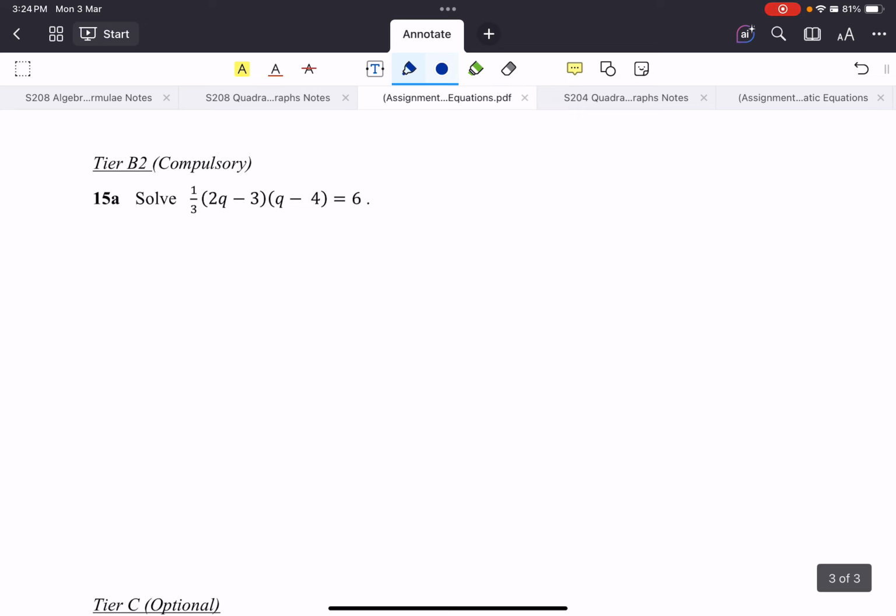Okay, next one. Now we solve this. How do we approach this type of question? Well, what we can do is first of all expand everything. So in this case, I could expand this.